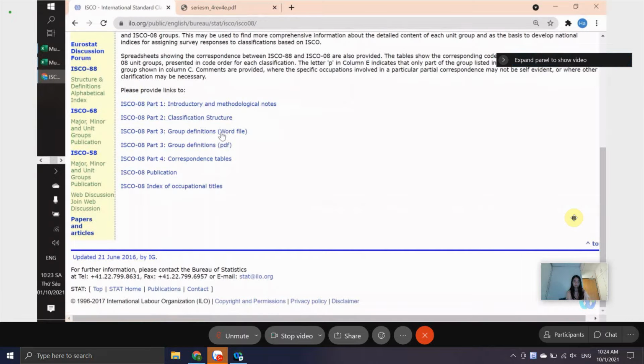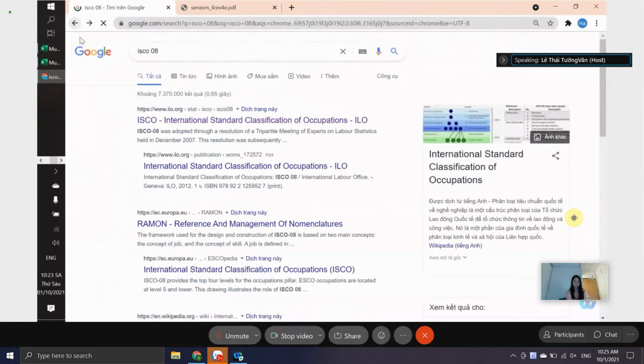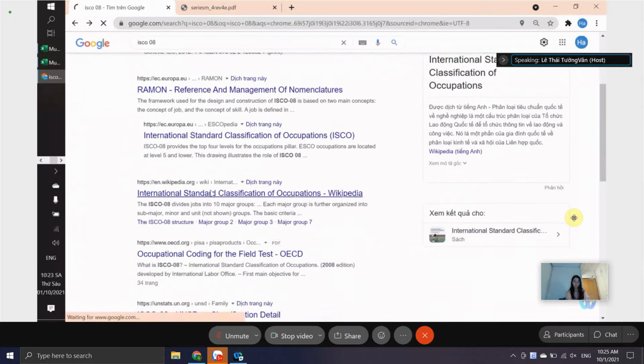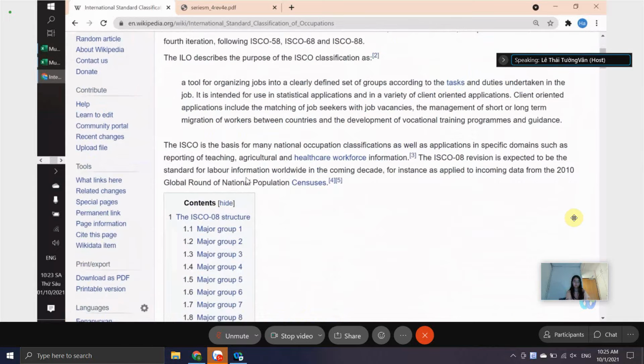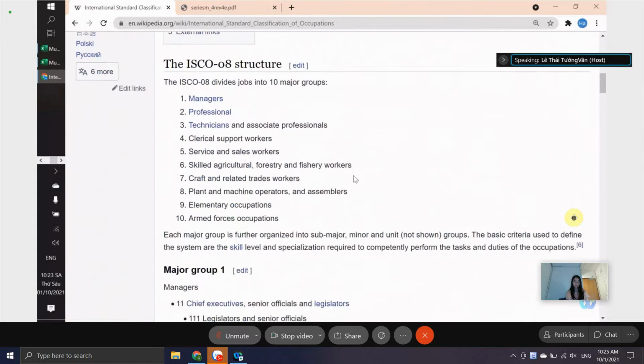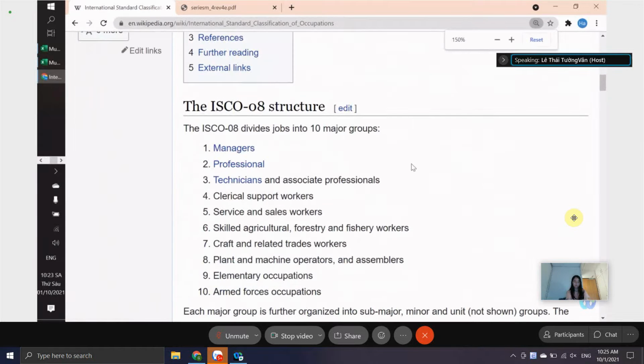For example, let's have a look at the ISCO in more detail. I'm going to use Wikipedia, so it will be easier.